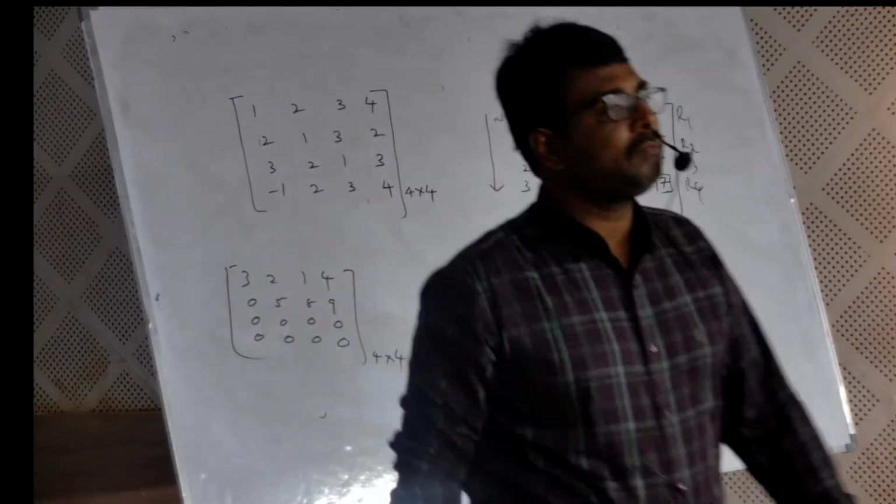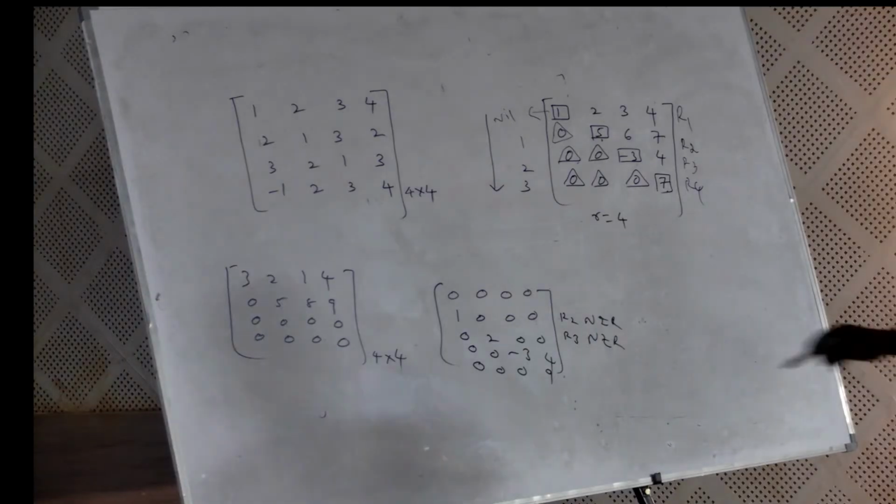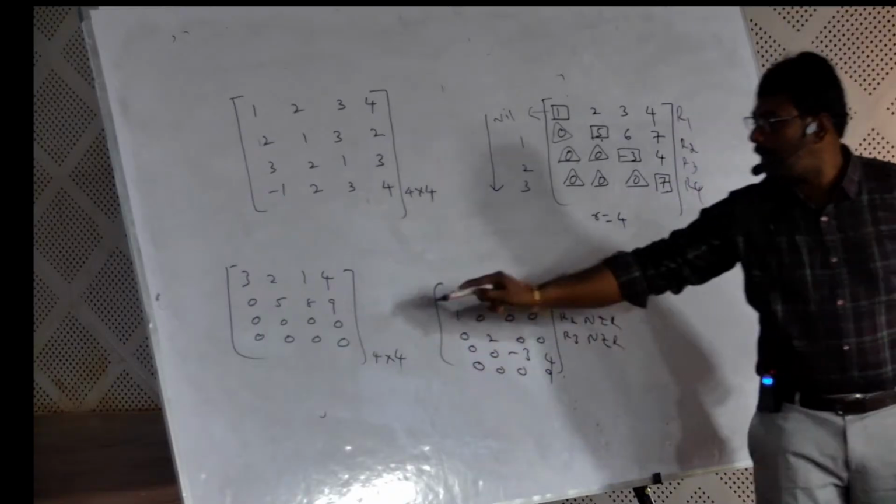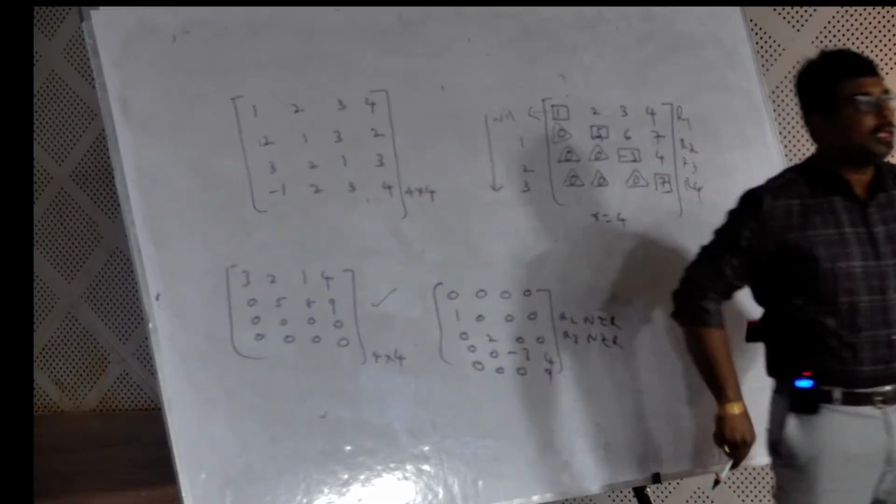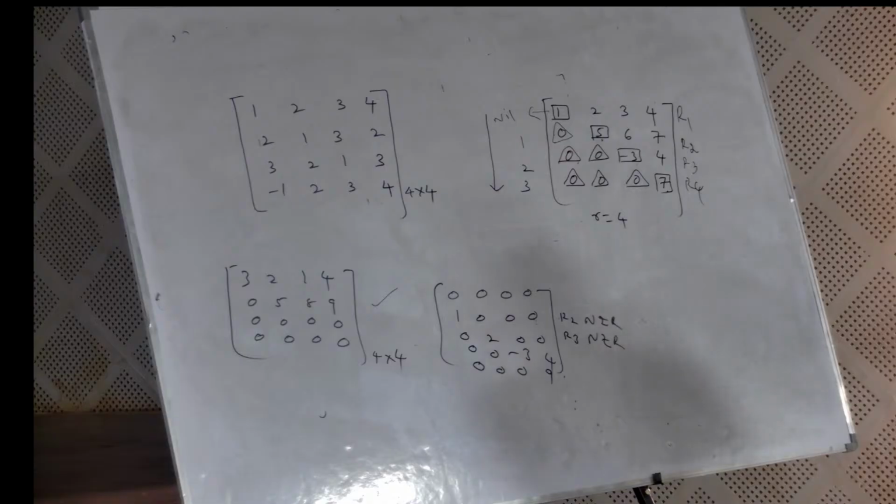Tell me, is it in the echelon form? The elements are 3, 2, 1, 4, 0, 5, 8, 9, followed by 0 rows. The most important thing is, while converting into echelon form, sometimes you will get zero rows.